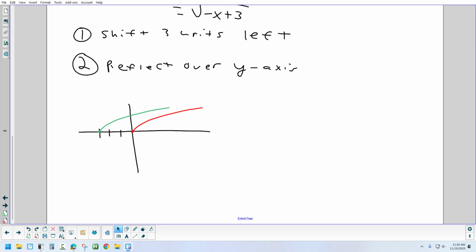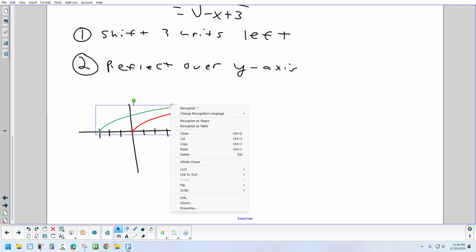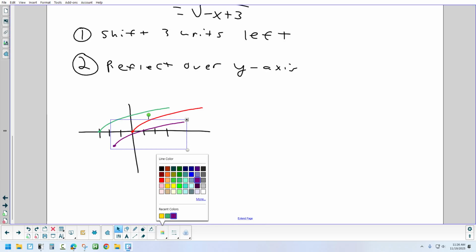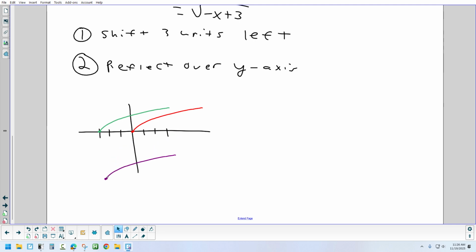And then what is the last thing we do? Reflect over the y-axis. So when you reflect this over the y-axis, let's make another copy of that, and make it purple. What's going to happen when you reflect that green one over the y-axis? Where's this point going to end up?